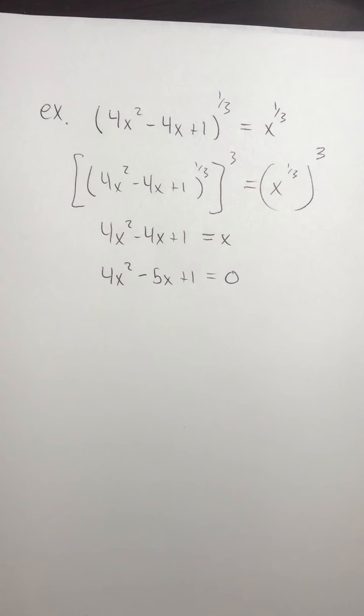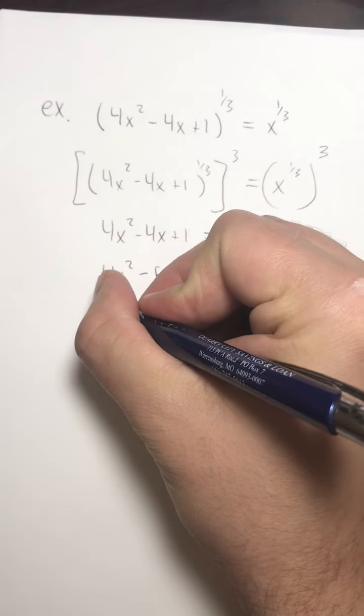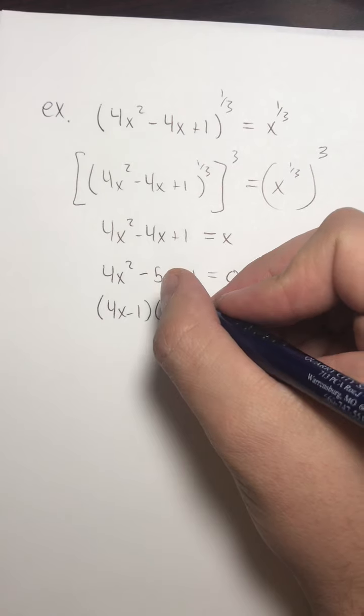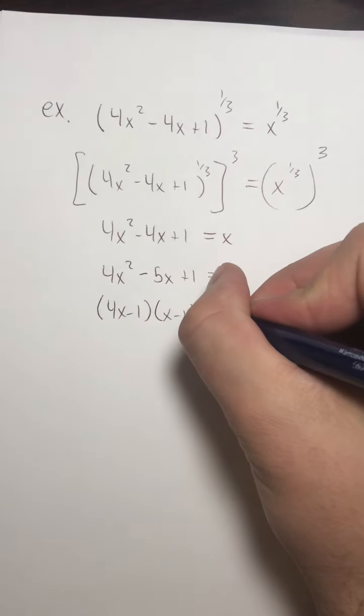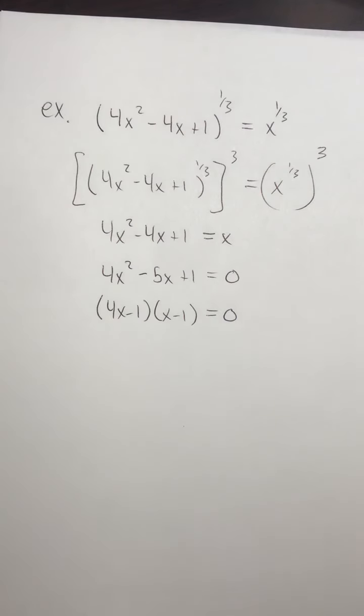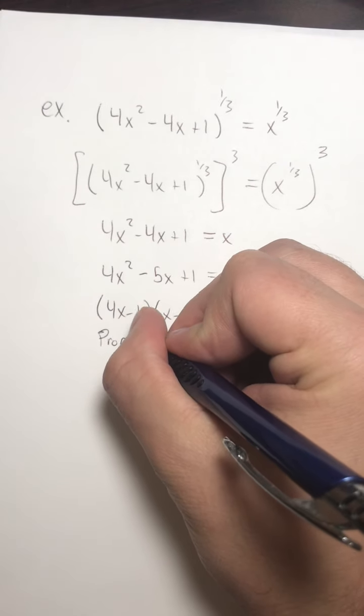If that doesn't work, maybe go to the quadratic formula. 4x squared minus 5x plus 1 does actually factor into 4x minus 1 times x minus 1. If you need to pause the video and go off to the side and factor that, go ahead and do that.